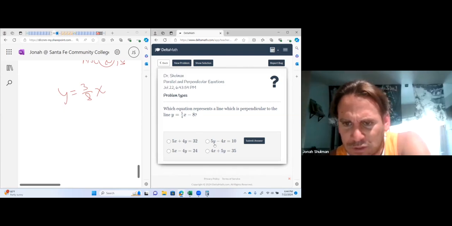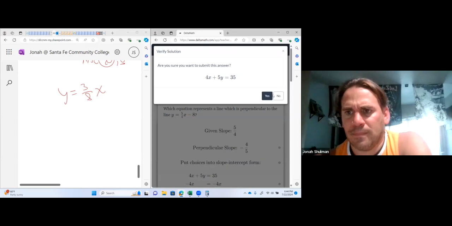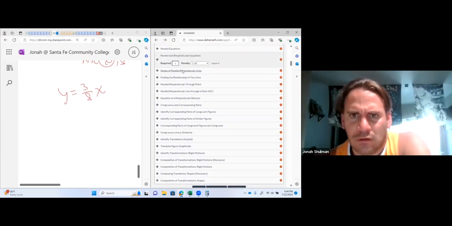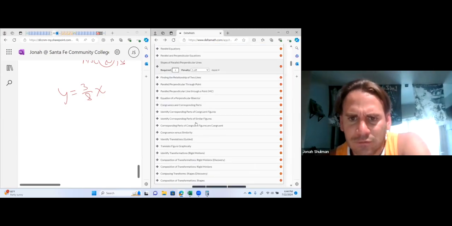That's negative 5/4. This is positive 4/5. This is negative 4/5. Cool. All right. Find the slope. All right, we did enough of these. I'm taking this one out.